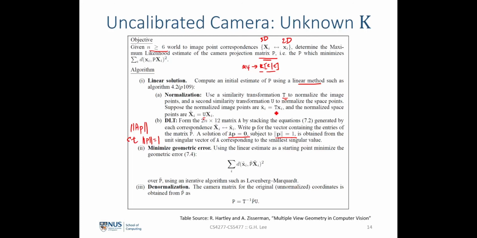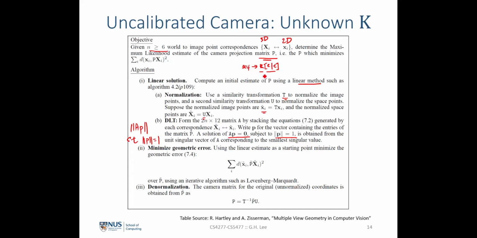The normalization is simply done by computing this T matrix and then pre-multiplying all the respective 2D points to get X tilde over here, which is the normalized set of points. And we'll do the same thing for the 3D points. So after normalization, we minimize this by simply solving AP equals 0, by taking the SVD solution from A.